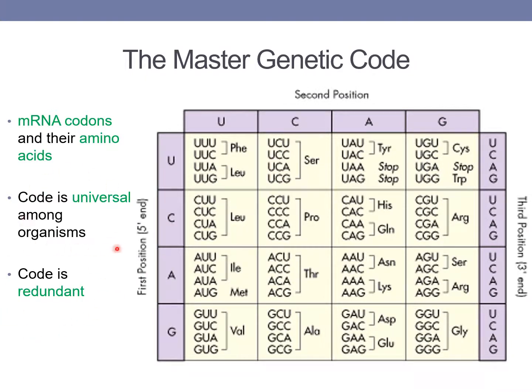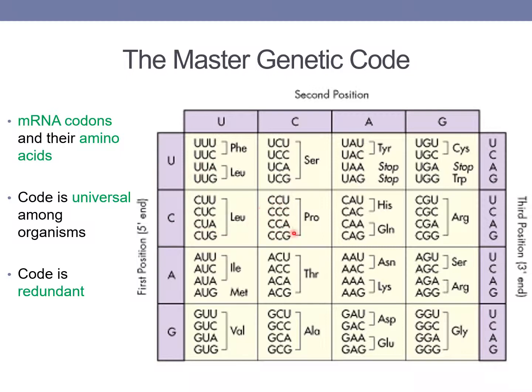So it's universal in that all organisms can use this master genetic code to determine their amino acids, and this code is also redundant in that some of these codes, so you see, for example, leucine. Leucine has 1, 2, 3, 4, 5, 6 different codons that code for leucine.